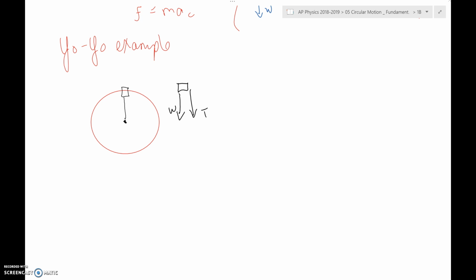So there's step one, free body diagram. Step two, you're going to set up Newton's second law. Now in this case, the net force is equal to mass times acceleration.